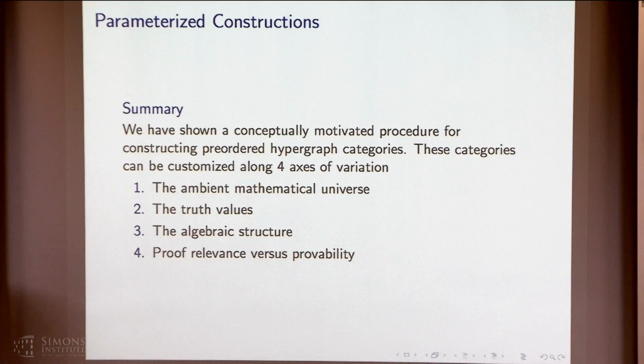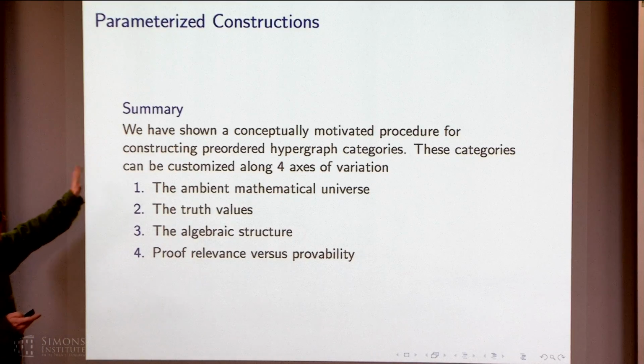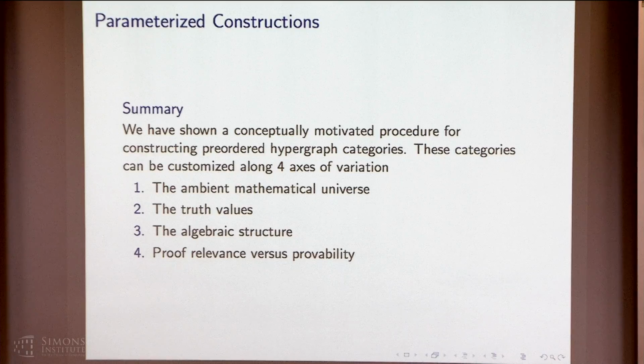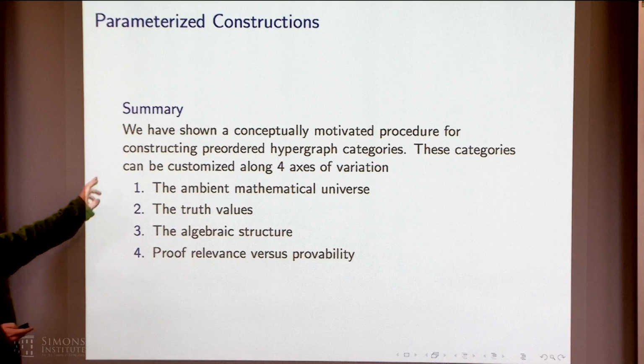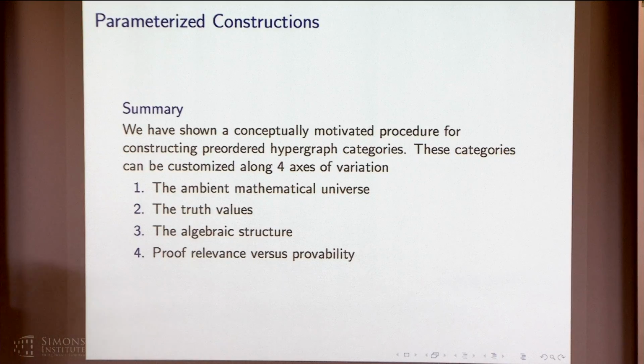Okay, so just to summarize what I've been quickly racing through, the aim at least is to provide a conceptually motivated procedure for searching around inside Brendan's large world of hypergraph categories and finding ones with properties that you might like. And we've ended up with 4 axes of variation via which we can pick these things.